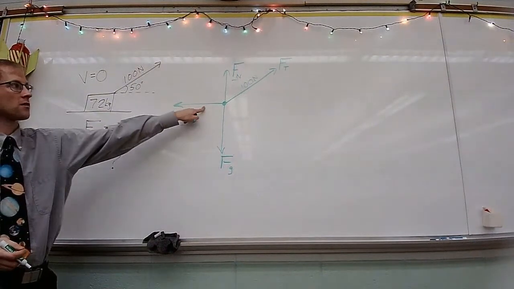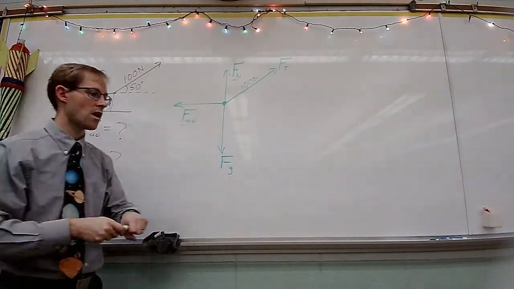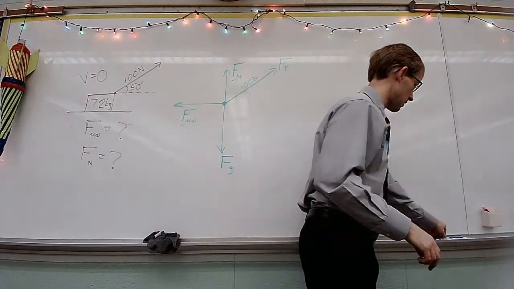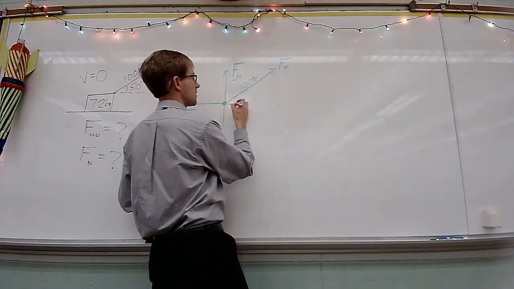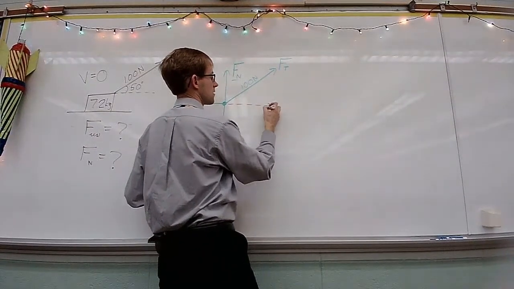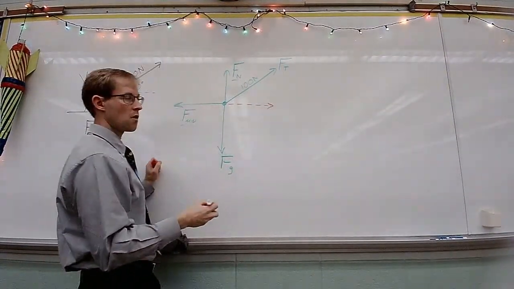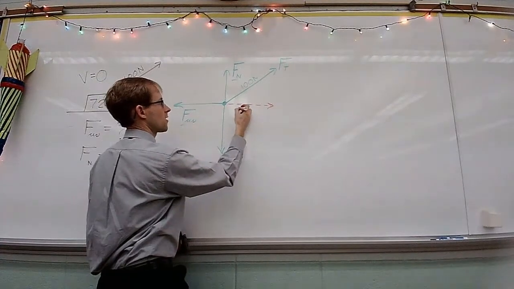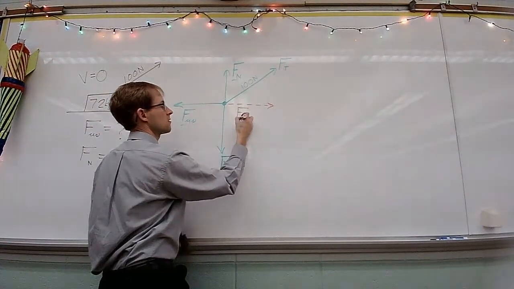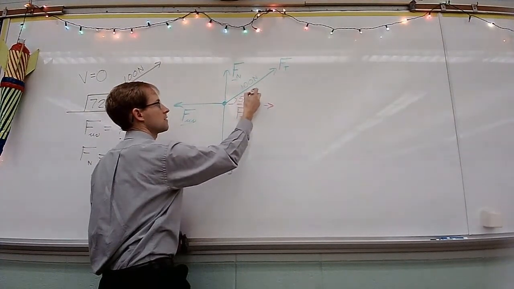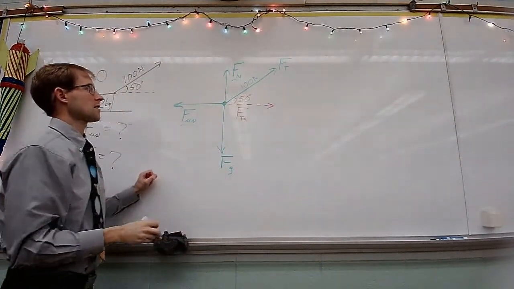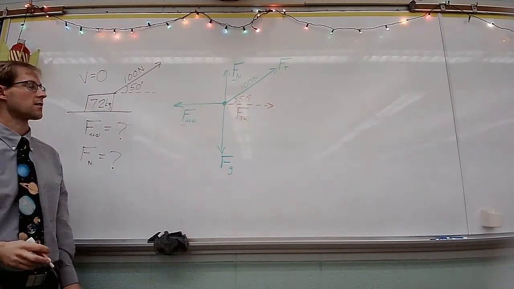We've got friction going to the left. Meanwhile, this delinquent tension force is partially acting horizontally to the right, and partially it's going up. So I'm going to call this the tension in the x direction. Here's our 50 degrees. So that's our force diagram there.